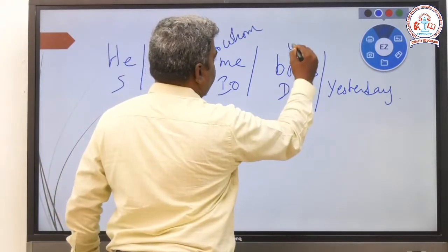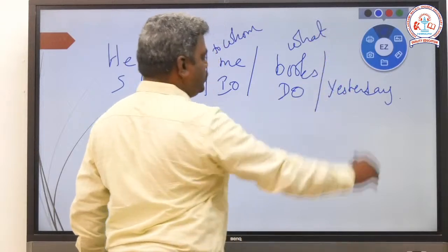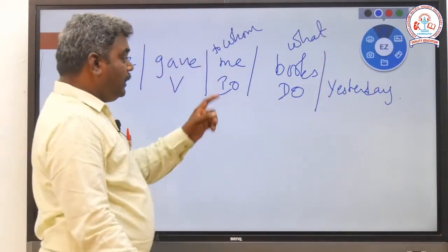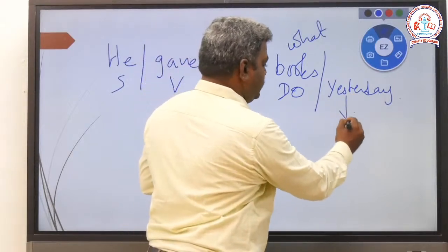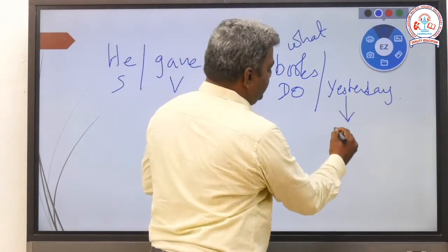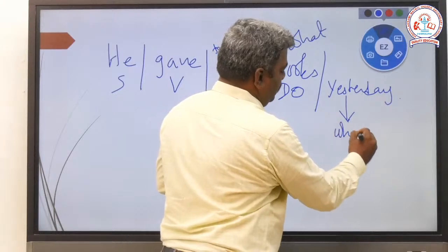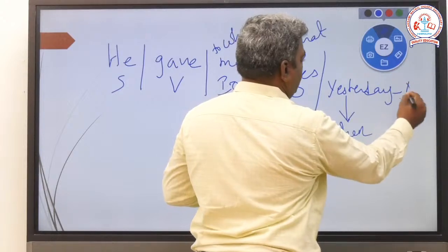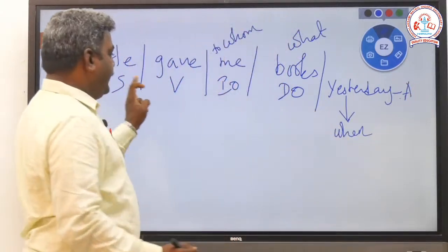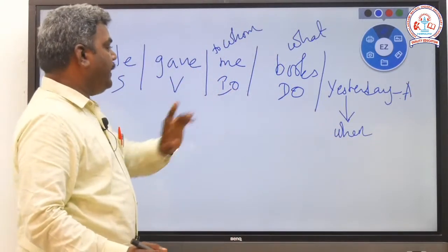Books. This is DO because it answers the question what. And the last word is yesterday. It speaks about the time. So we can write here when. Very simply we can write this is A. So SVIODOA.